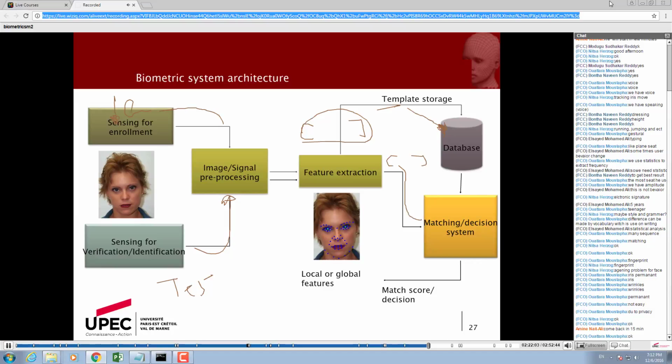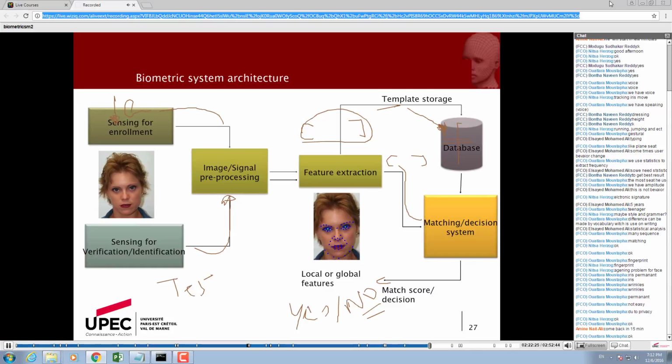Now, in the test phase, you capture once again a face image, you pre-process it using exactly the same algorithm as what you used before, and you extract other features and you will obtain another vector.